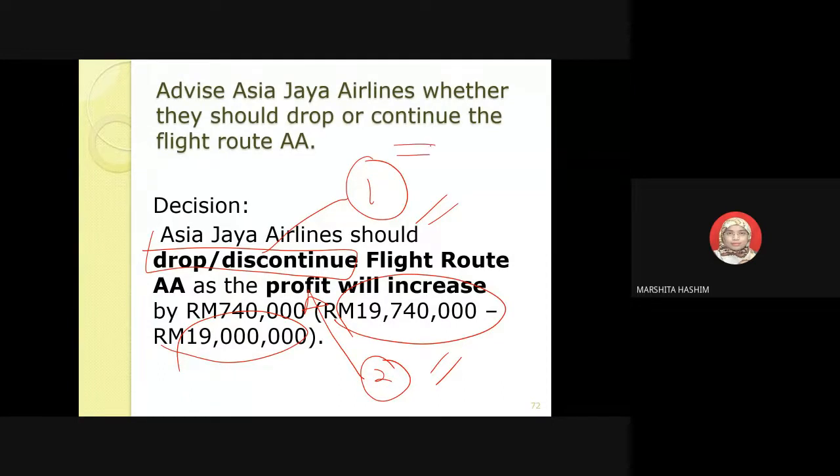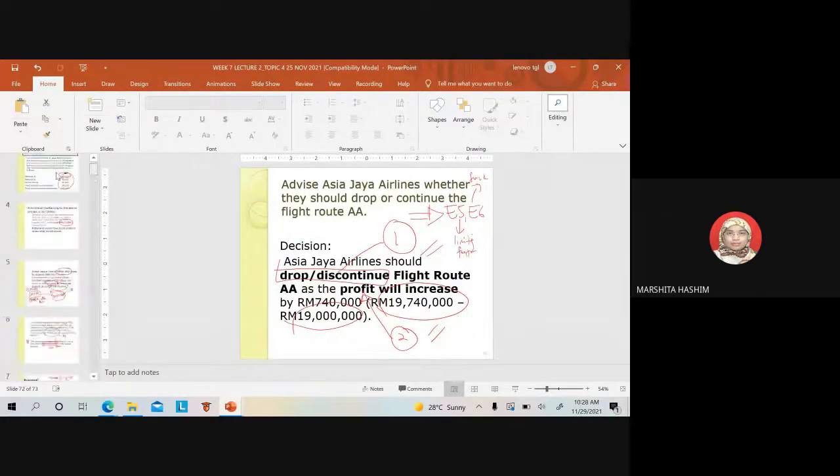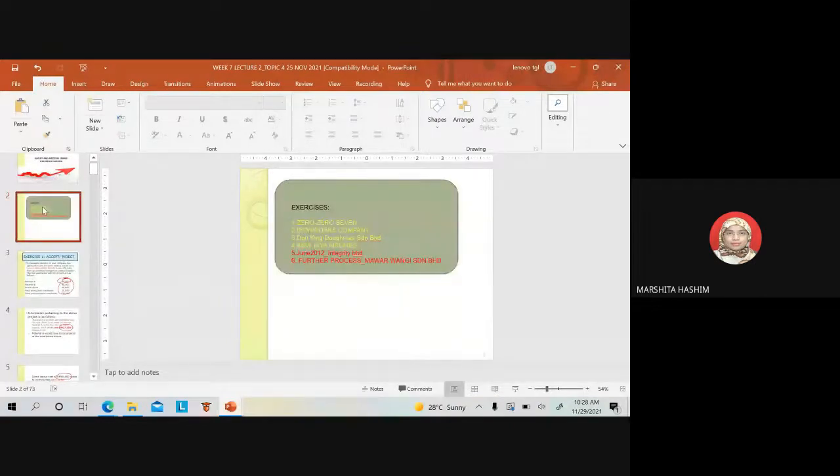For the next class, we will continue with exercise 5 and exercise 6. Exercise 5 is regarding limiting factor, and exercise 6 is regarding further processing. Please bring the questions, Integrity Berhad and Mawar Wangi, to class.